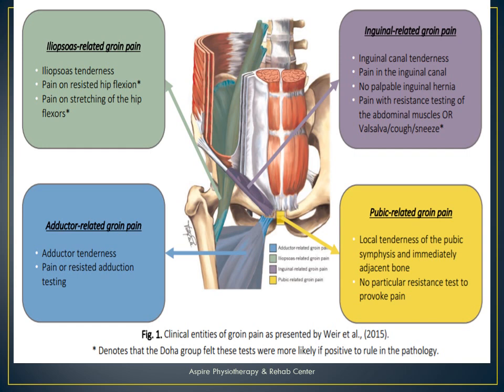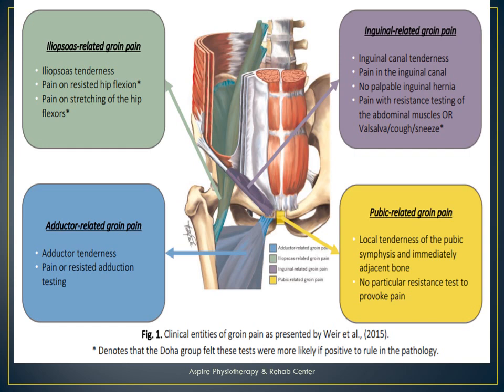In the purple box, inguinal related groin pain, what all structures will be associated? First is inguinal canal tenderness. Then pain in the inguinal canal. The patient will pinpoint that, it will be along the superior border. I'm sorry, not medial border. No palpable inguinal hernia.